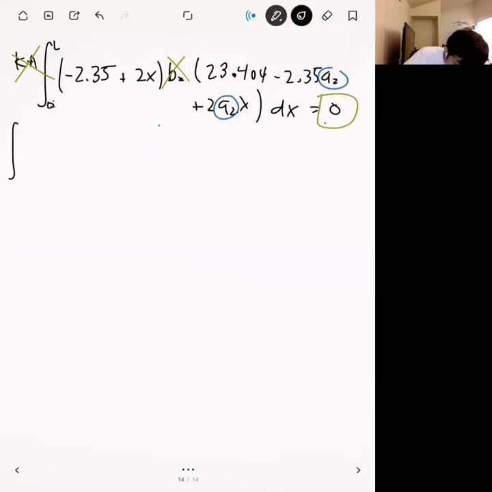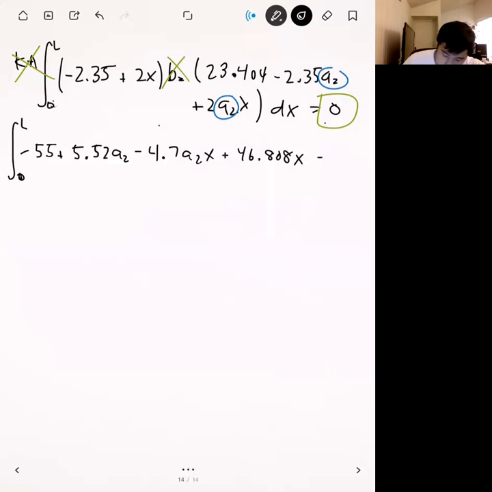So you get integral from 0 to L of minus 55 plus 5.52 A2 minus 4.7 A2x plus 46.808x minus 4.7 a2x plus 4a2x squared dx equal to 0.